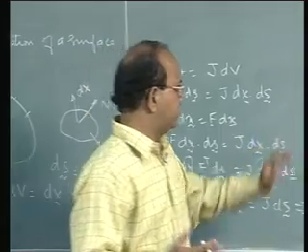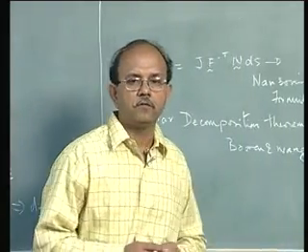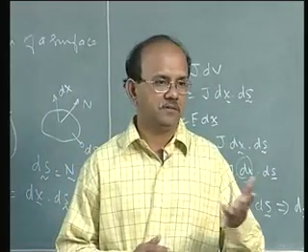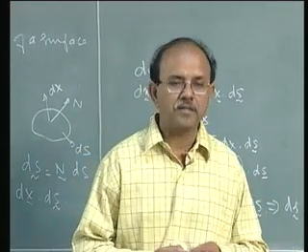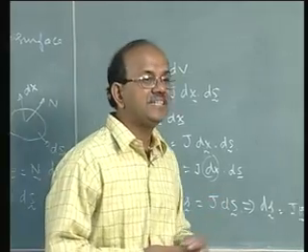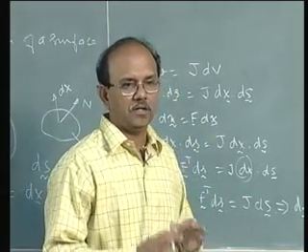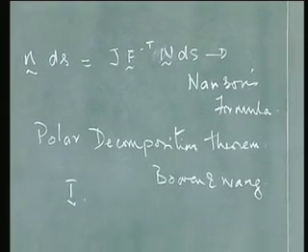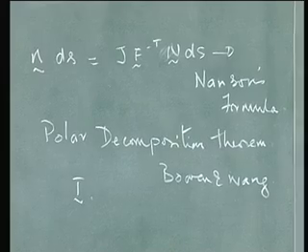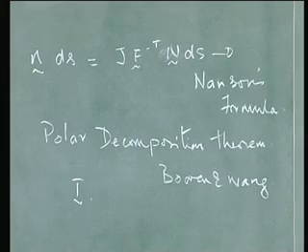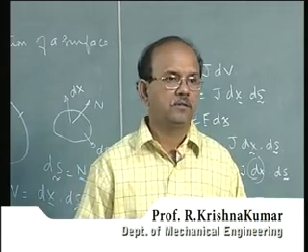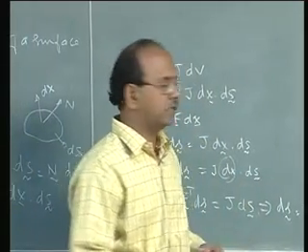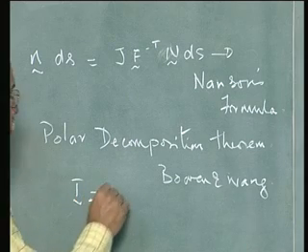Before we state this polar decomposition theorem, we have to state a very important lemma, which I am not going to prove, but which is very simple to understand. This lemma states that for any symmetric, positive definite second order tensor T, there exists a unique symmetric, positive definite second order tensor U such that T is equal to U squared.